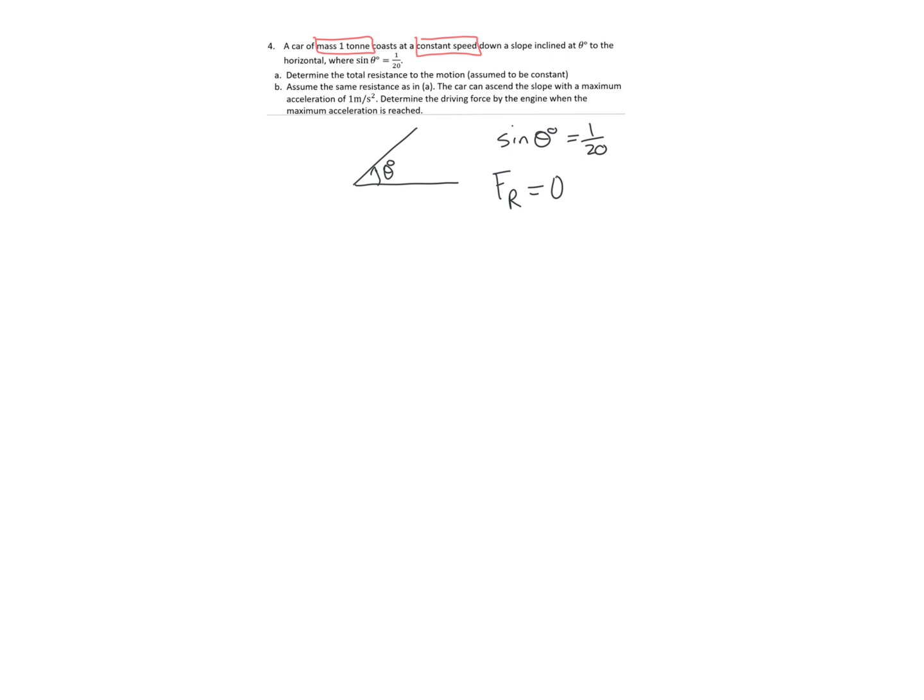So let's have a look at all the forces that are involved in this question. So when I have the inclined plane, let's just dot represent the car. Then I have the weight of the car pushing down vertically. So W. But this W consists of two pieces.